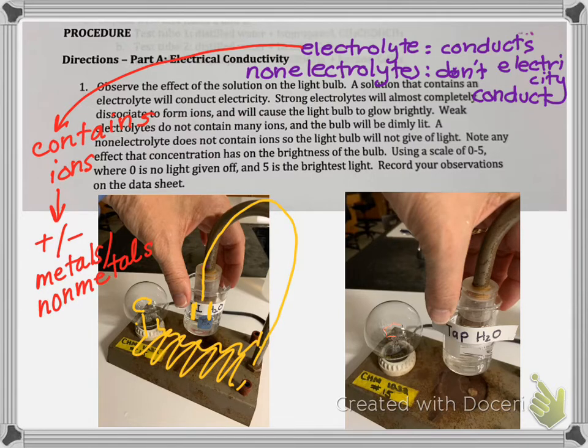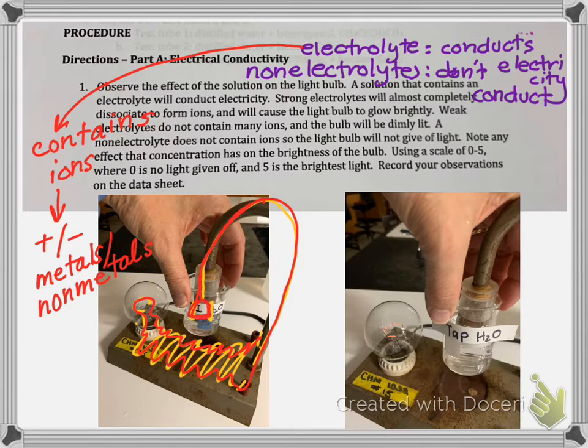But when there's no solution and these two electrodes are far apart, the electricity can't get anywhere, and so the light doesn't go on. But if I put it in a solution that has ions, the electricity goes through here, it goes up here, it comes around, and it can go in between the two electrodes.